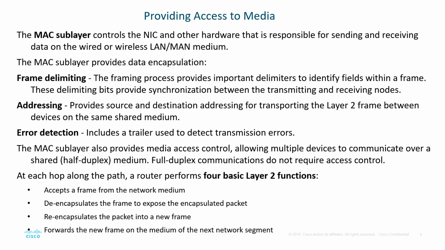It provides data encapsulation. We talked a little bit before about encapsulation, and I said when you get to the physical link layer, it is transmitted as a bit stream. So it takes your data and puts it into a bit stream of ones and zeros, right? How do you think our device knows what the data is if it's simply a stream of ones and zeros?